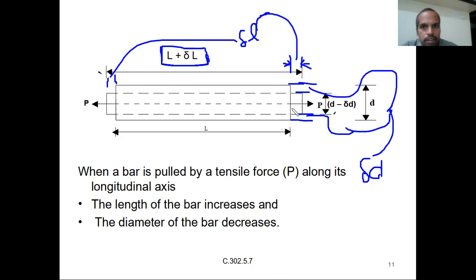The lateral dimension decreases, that's why it is D minus delta D. Along the length direction, it is L plus delta L. For tension, longitudinal strain increases and lateral strain decreases. Similarly, for compression, longitudinal strain decreases and lateral strain increases, right?